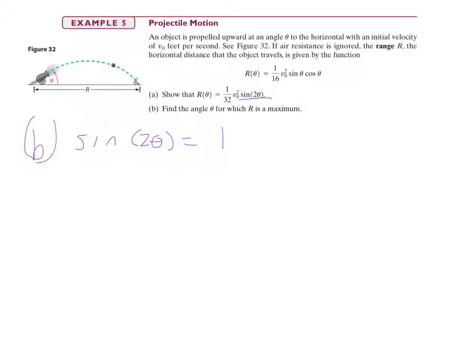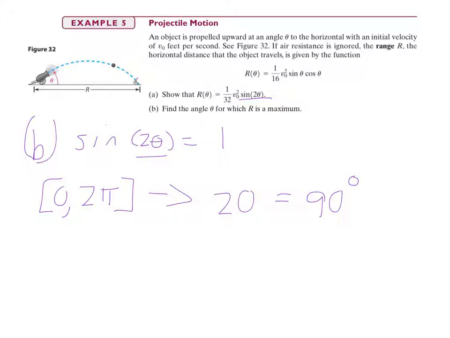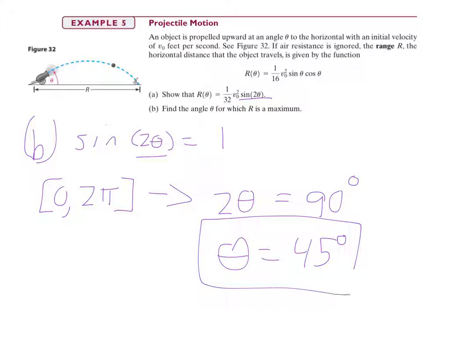And we know that on the range from 0 to 2 pi, it's equal to 1 at 90 degrees. But our input is 2 theta, so 2 theta has to be equal to 90 degrees, which means our angle has to be 45 degrees. So, neglecting wind resistance, the angle that will give a maximum distance would be 45 degrees.